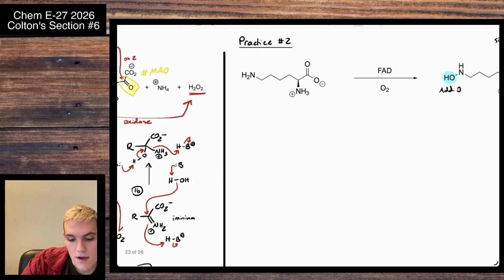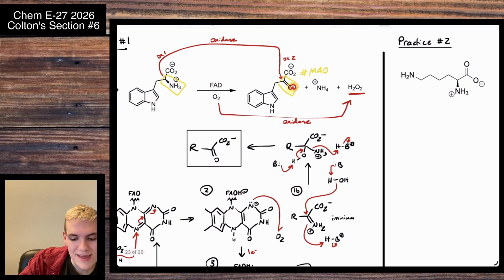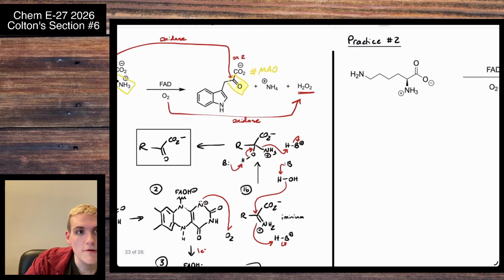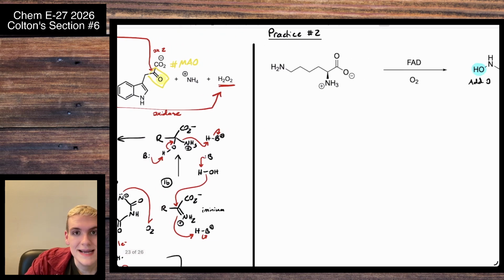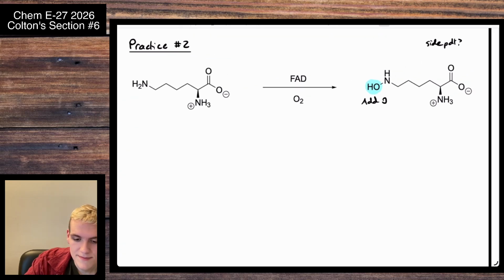Now remember, with the MAO, we added an O, but then this was also done in an oxidation where we went from an amine to a carbonyl. And this amine to a carbonyl is the classic MAO thing. So if we are not going directly from an amine to a carbonyl, then we are likely going to be in the monooxygenase camp.